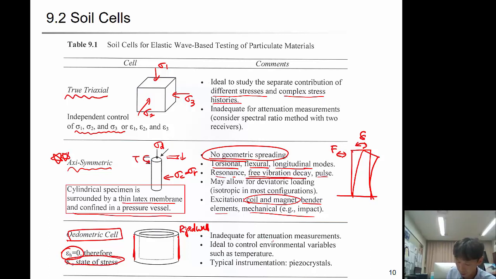It's inadequate for the attenuation measurement because you get the geometric spreading and also the reflections all around the cell. But it's ideal to control the environmental variables such as temperature or the stress. Typically, we instrument piezo crystals, like the bender element or the piezo disc, at the top and bottom to capture the wave propagation.